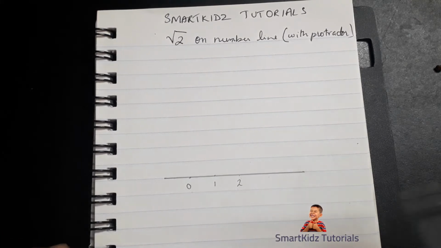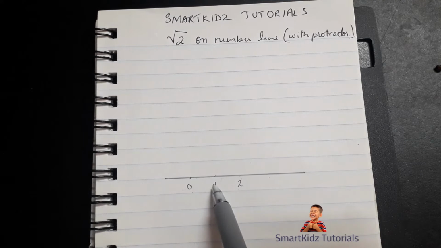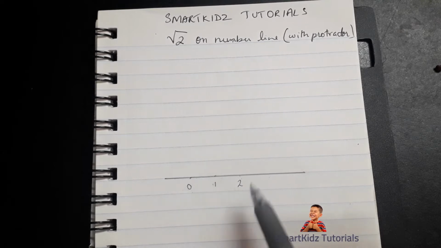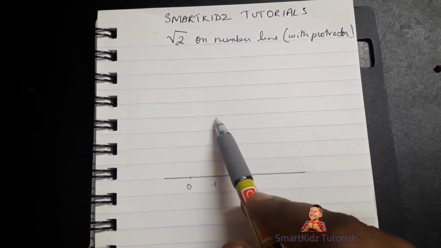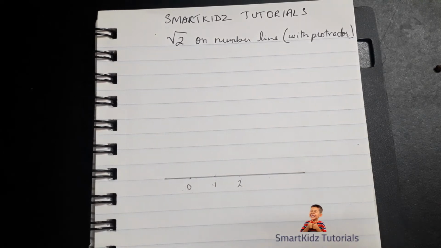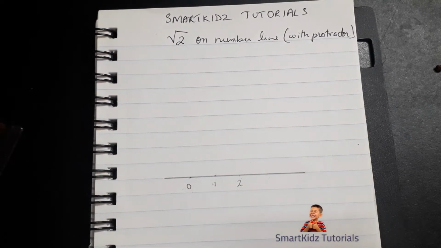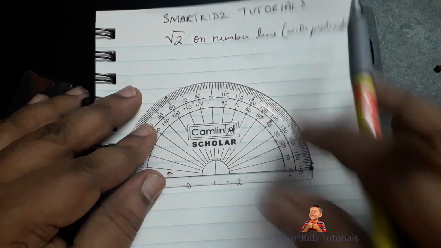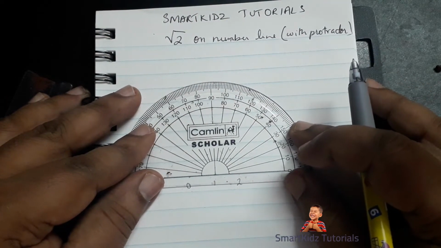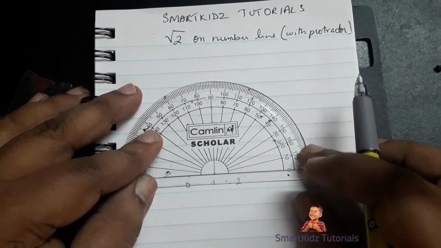Now we are interested in just one unit. It could be 1 centimeter for you if you are taking 1 centimeter as your unit. So from 1 we will draw a perpendicular with the help of a protractor. This way you hold the protractor where the center should match where it shows as 1.